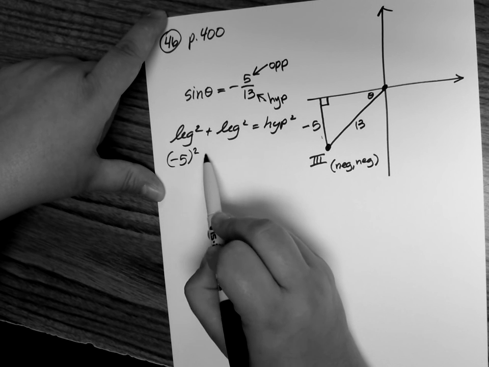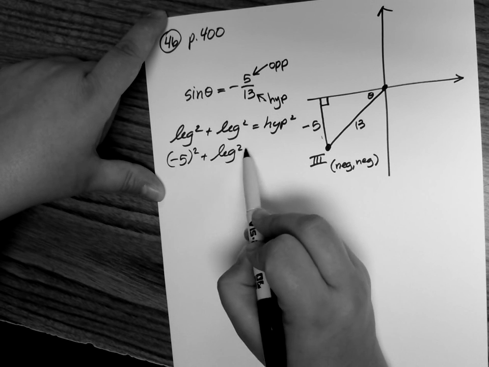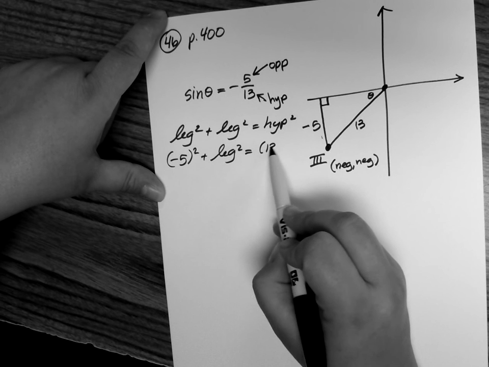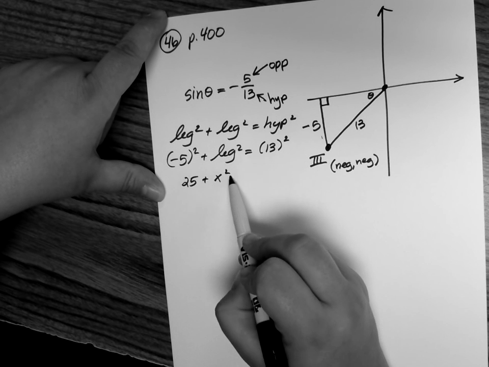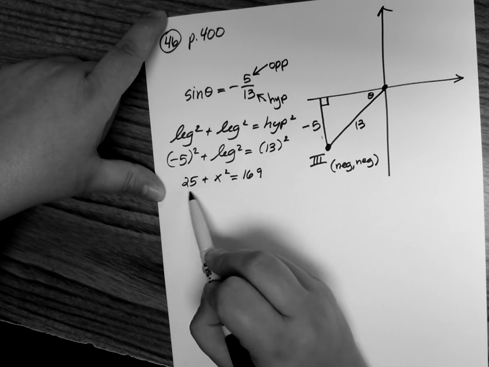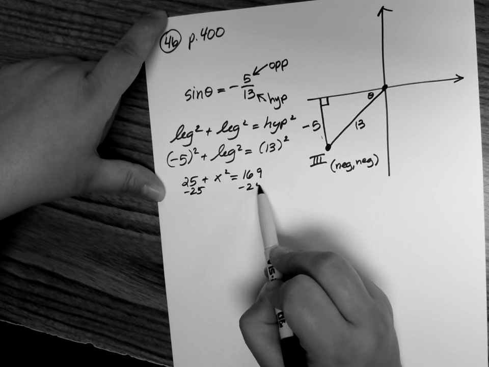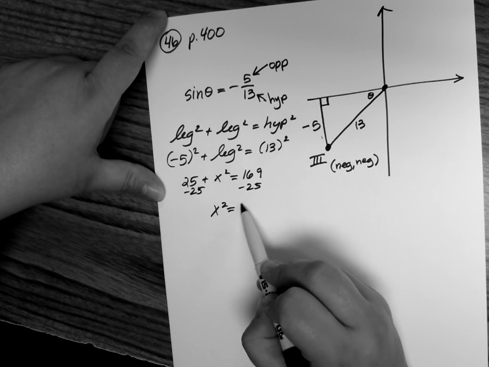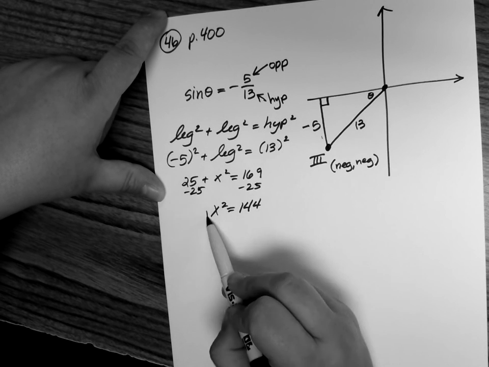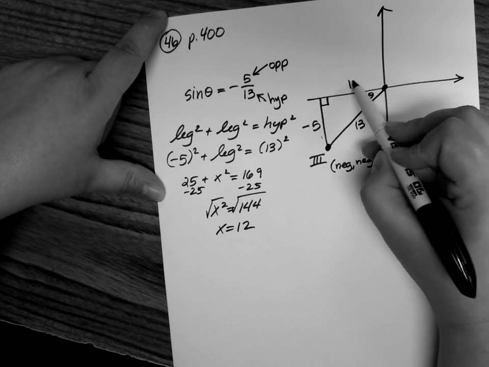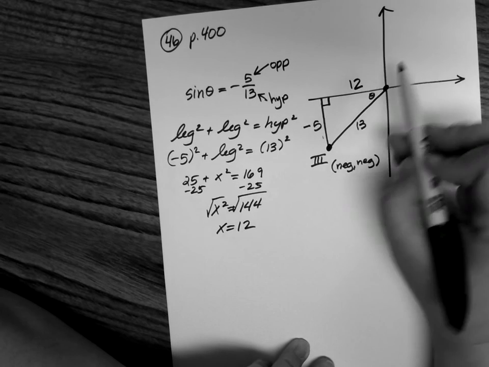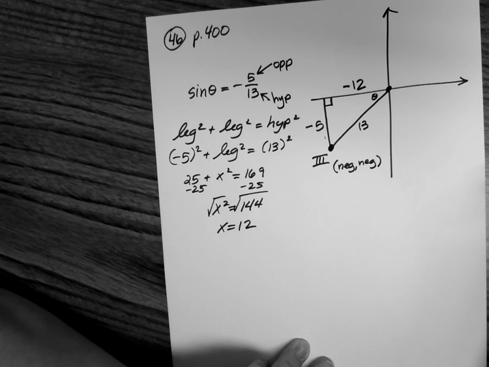Negative 5 squared plus the other leg squared equals 13 squared. 25 plus, let's call it x. Subtract 25 from both sides, and I have x squared is 144, and aren't I lucky? That's a perfect square. It's 12. So this is 12, but again, because it's in the third quadrant, this is actually a negative 12. That's going to matter when I'm finding all the other trig functions.